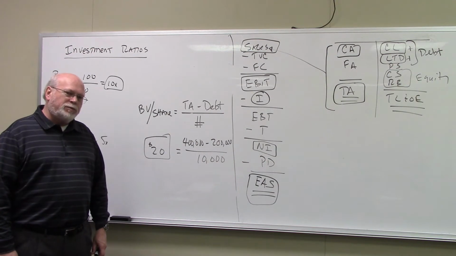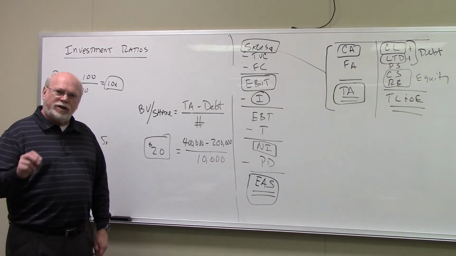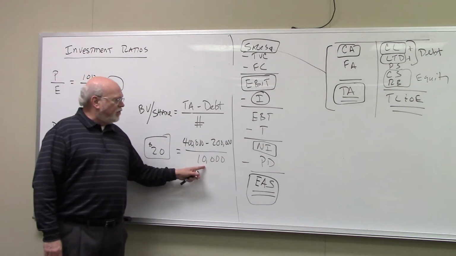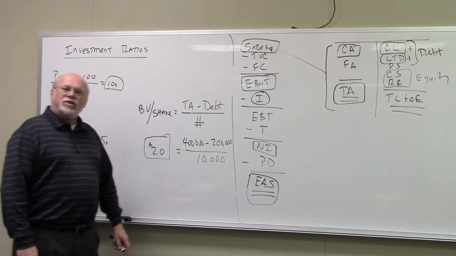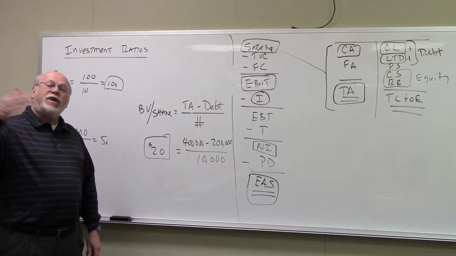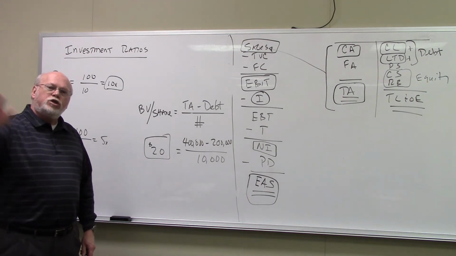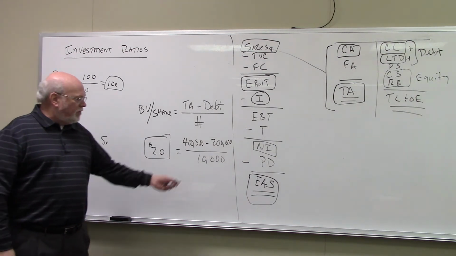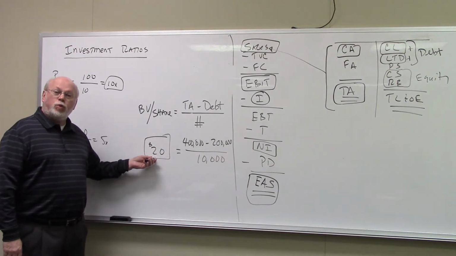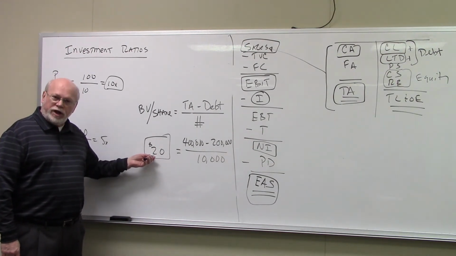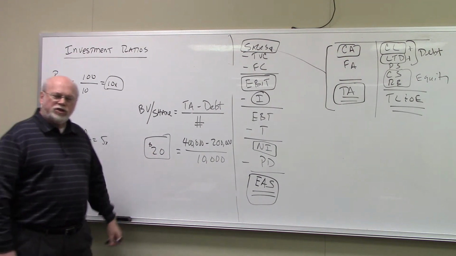And so this company's book value would be $200,000. If you divide that by the number of shares outstanding, again, outstanding meaning the number of shares that have actually sold to date to shareholders, if that was 10,000, then this company's book value would be $20. Their book value per share would be $20.